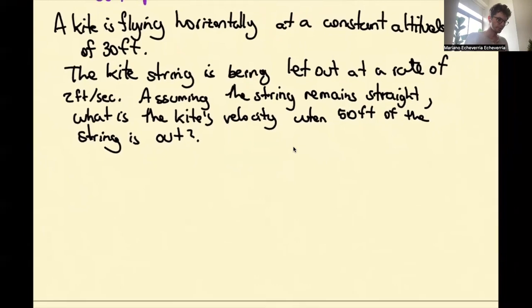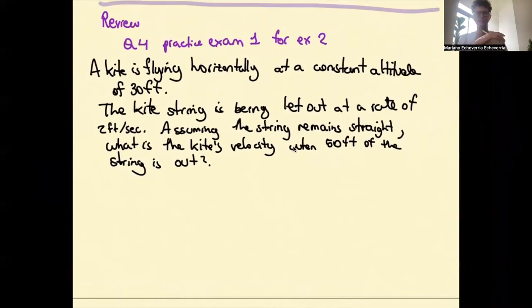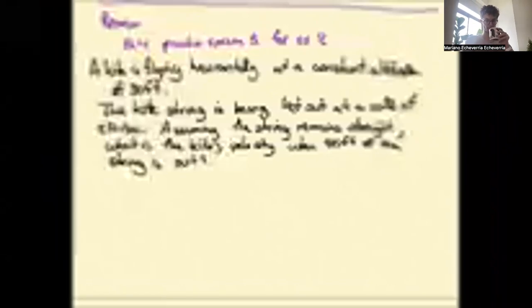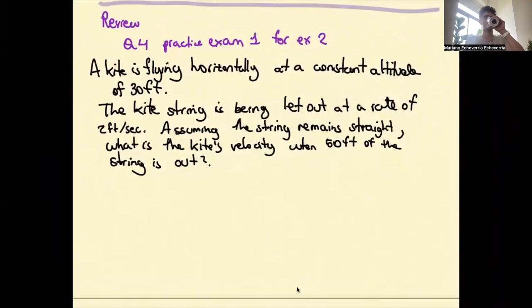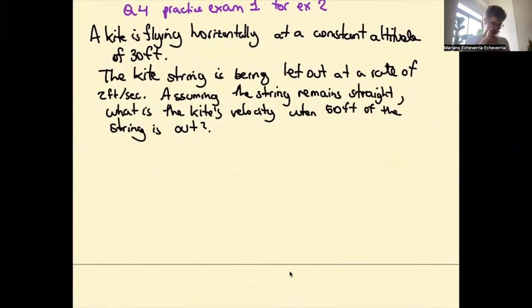Okay, so let's try to make a picture. Again, in all these word problems, typically you need a picture of the situation. Otherwise you'll get stuck pretty quickly. So you have a kite. Well, I'll draw the kite like a balloon.